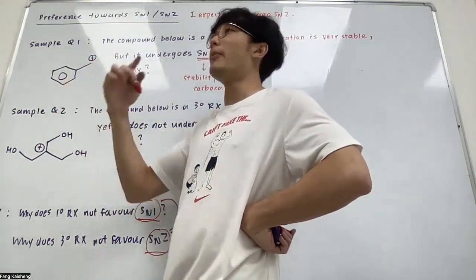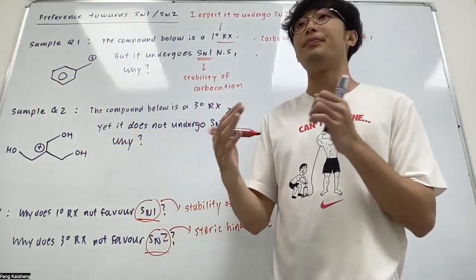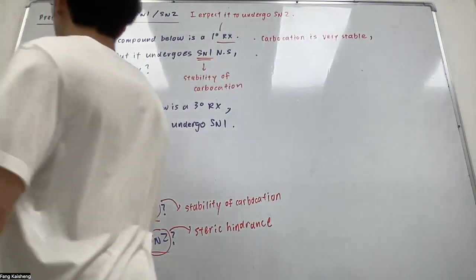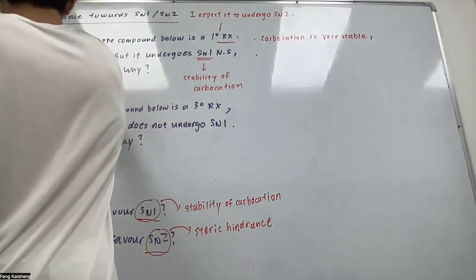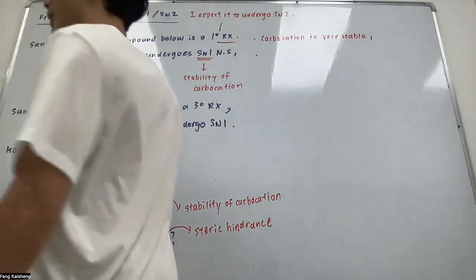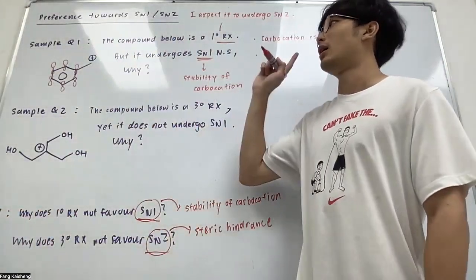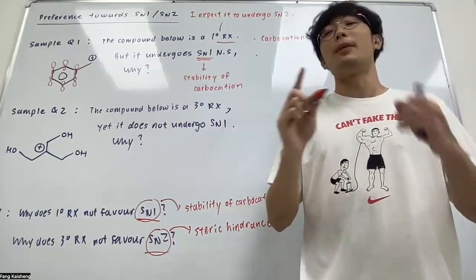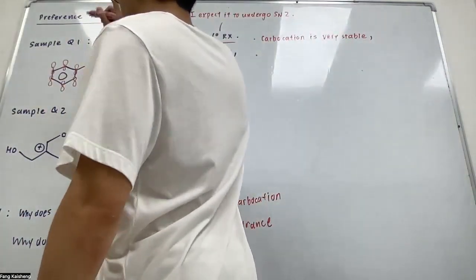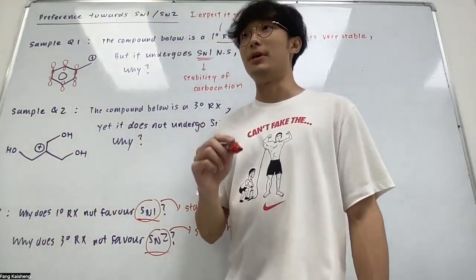So what happens? Just now you all mentioned the delocalized pi electron cloud. Good. But the delocalized pi electron cloud is in the benzene ring, right? How is that related to the carbon with the plus charge? Not the pi, but the p orbitals.